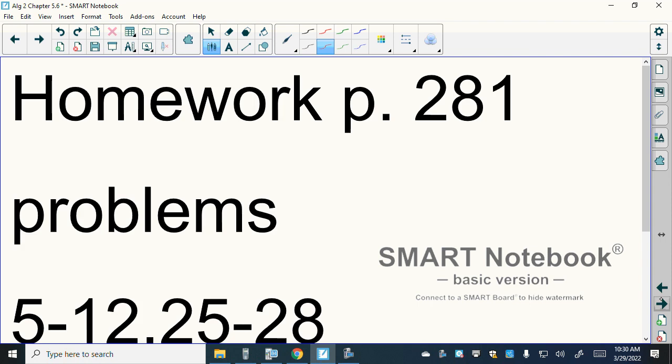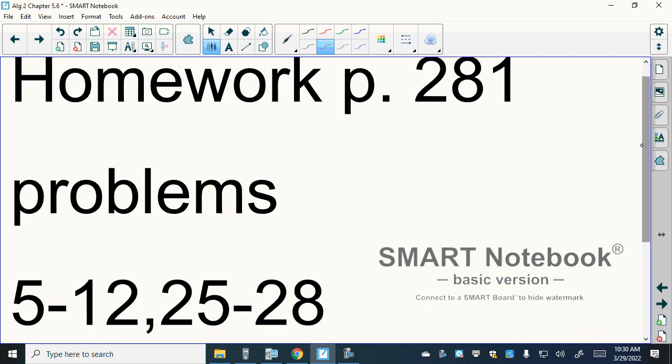That's it. So your assignment is on page 281, 5 through 12. So 5 through 8, you're finding f of g of x, g of f of x, and just figuring out what the function is like we did at the start.